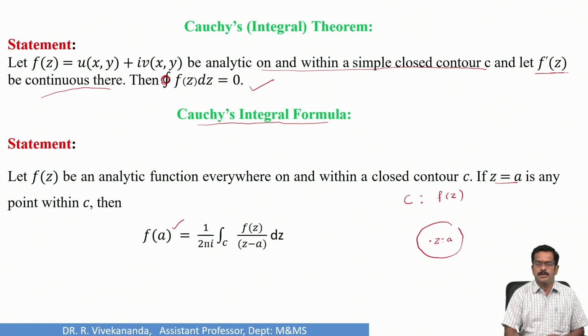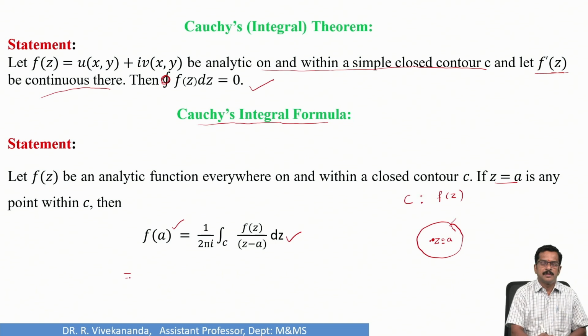This is a closed curve. At this point only, the function is not analytic. So at the point z equals a, the function value is defined by f of a equals 1 by 2 pi i into integration over c f of z by z minus a dz.